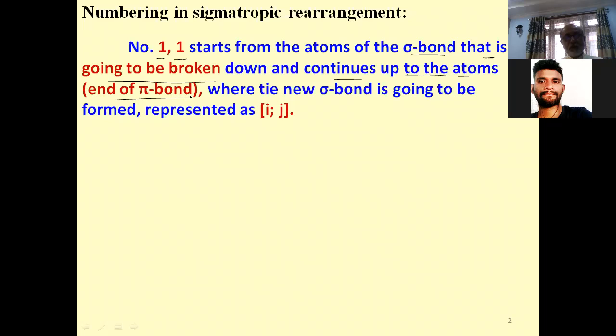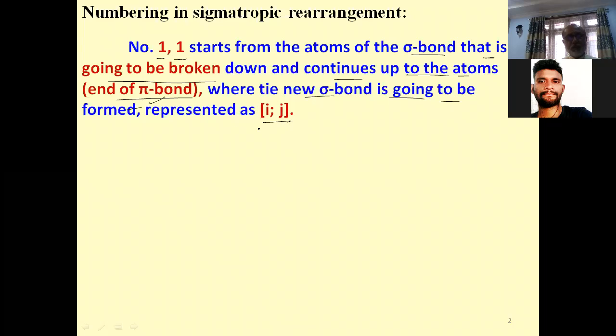This numbering should continue up to that conjugated system. If there is some other pi bond which is not conjugated to the system, it will not be included. It ends where the new sigma bond is going to be formed. So this number will be ij. It may be 1,3, it may be 1,5, it may be 3,3, that we have seen.